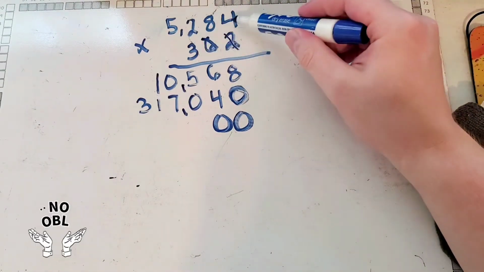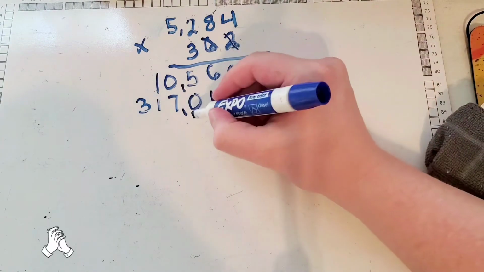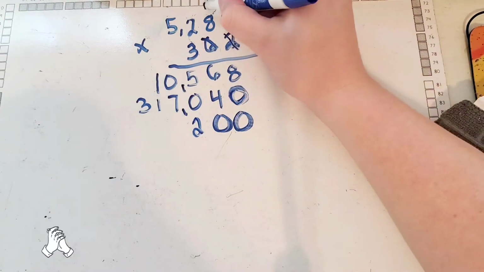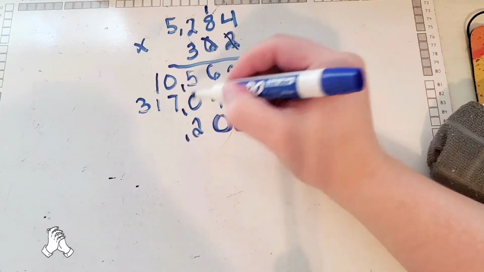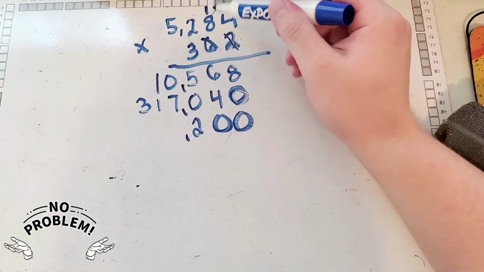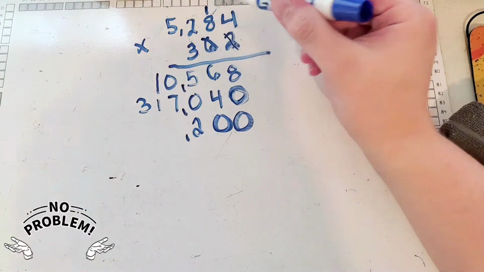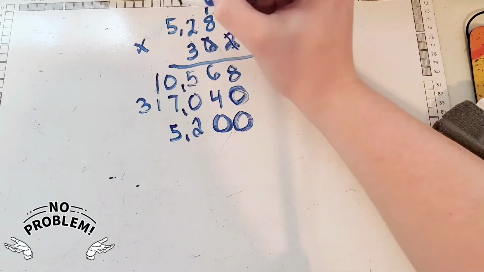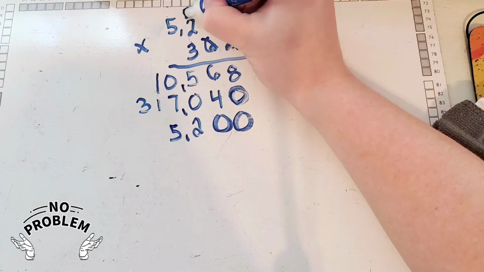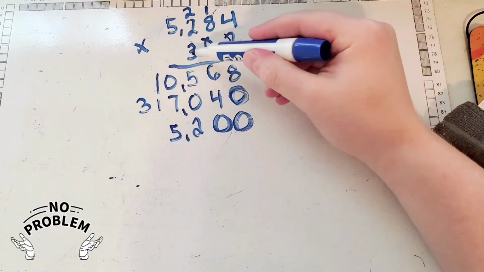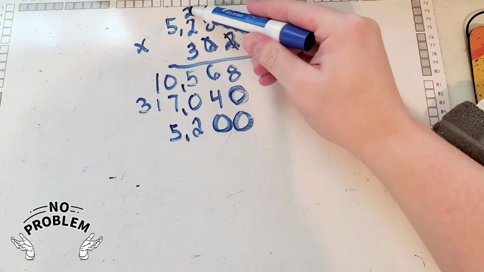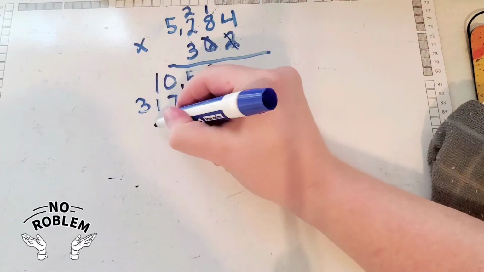So 3 times 4 is 12. Put my 1 up here. 3 times 8 is 24, plus 1 more is 25. Put my 2 up here. 3 times 2 is 6, plus 2 more is 8.